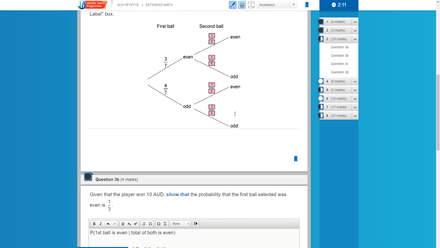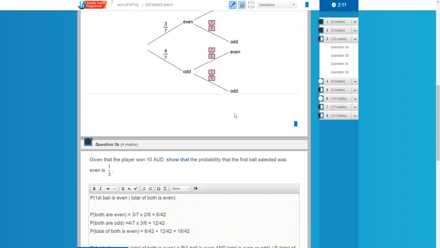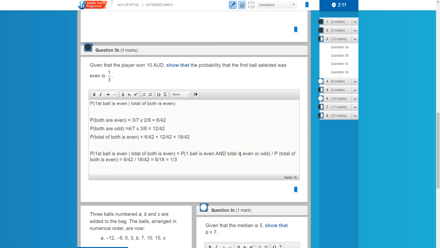Oh, right, I see what you're saying. That's what I wrote here. Sorry, that's my bad. Take that out. You're right. First ball is even and total of both is even. It's just the way I had it worded before, it wasn't very clear.